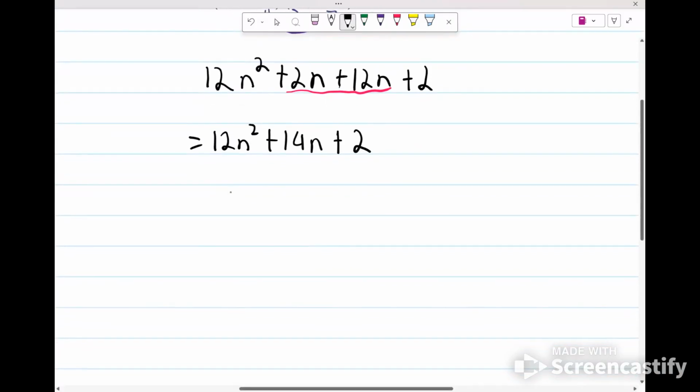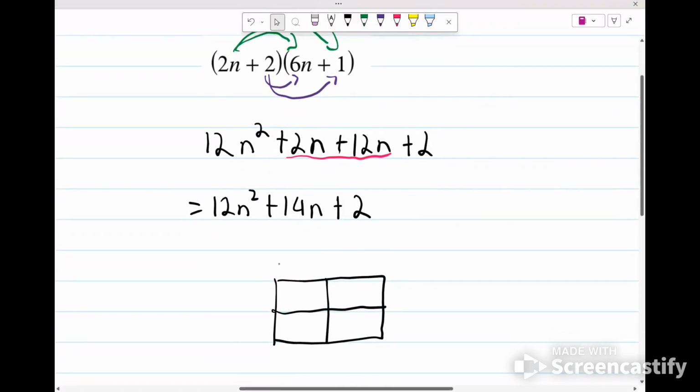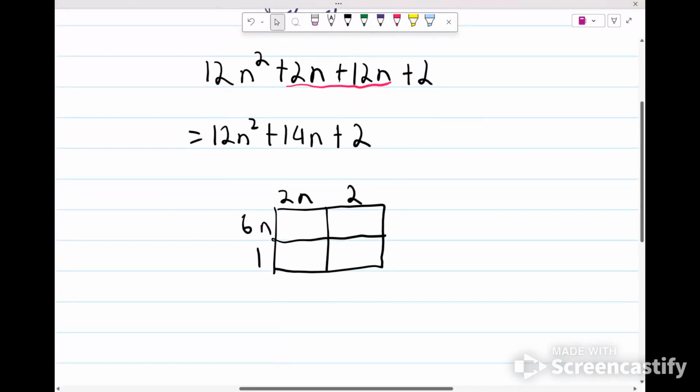So the way that would look as a box method, let me just redraw this. We put the leading coefficient straight in front, so we put 2n and 2 right here, and 6n and 1 right here. Same thing.